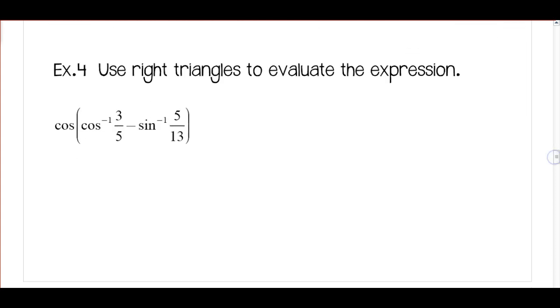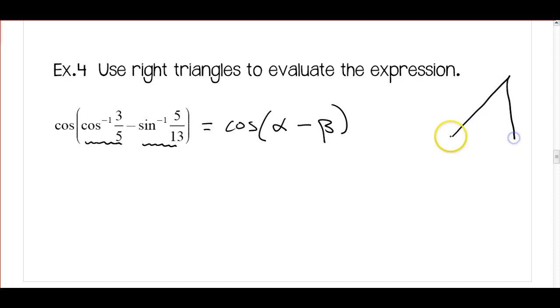Okay, next example, we're going to use right triangles to evaluate the expression. So what you want to think about here is that I have the cosine of two angles. This is an angle, I'm going to call it alpha, and this is an angle, I'm going to call it beta. I've got two triangles.